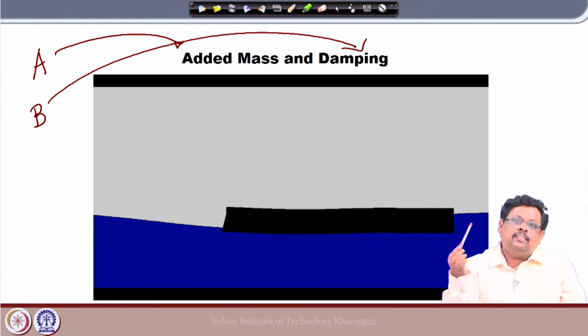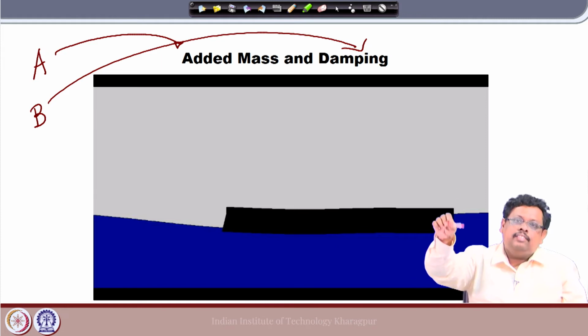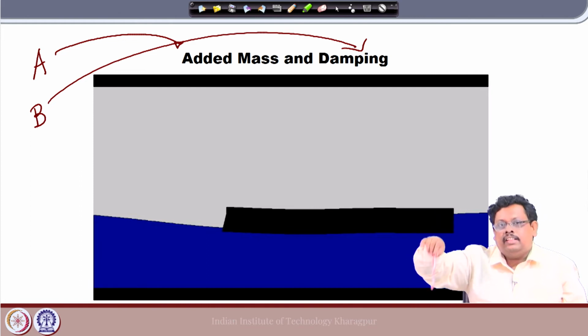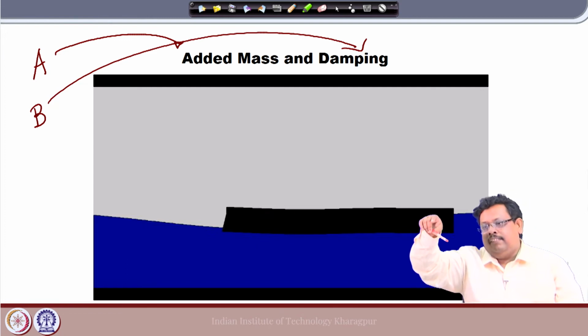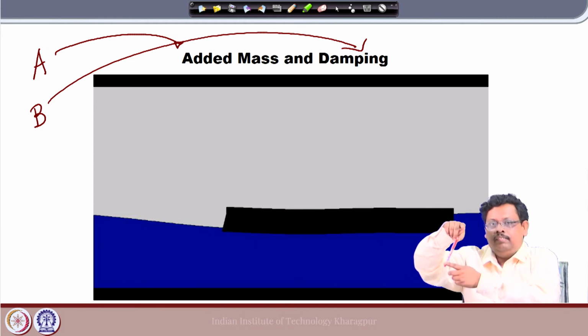Now, let us say that it always happens for all joints also. We normally see that we have a pen over here, and if I oscillate the pen, you can see that as I move my hand, the pen and my hand have perfect coordination. But if I move faster, then you can see that when I go down with my hand, the pen is moving up, and if I move up, the pen is moving down.